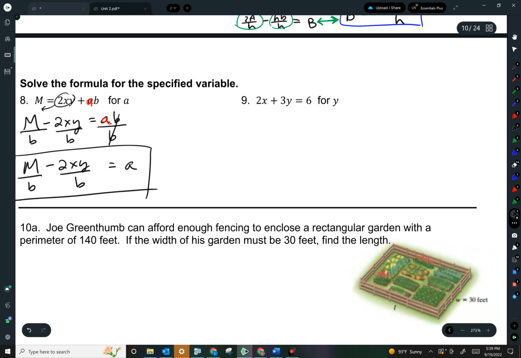All right, so number 9. This is one that we're going to end up doing a lot this year, this type of problem. So this one says I want to solve for y. All right, so find where the y is. Here's the y. I want to get that y by itself. So we always start by whatever's being added or subtracted. So I'm going to subtract that 2x.